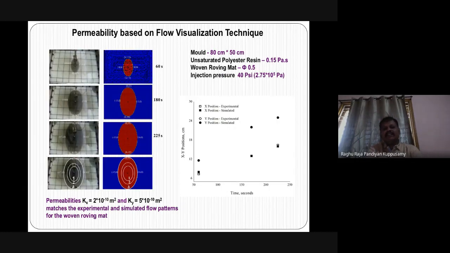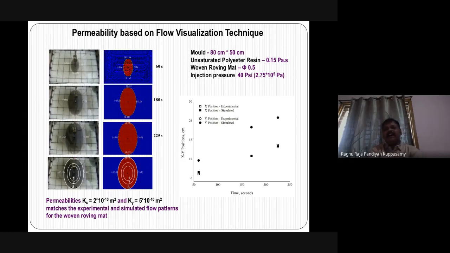We conducted the actual experiments with a setup using a rectangular mold, with the real fiber mat as well as the real resin. And in the other direction, we replicated the same experiment in the simulation environment, and we try to match the flow front as a function of time.